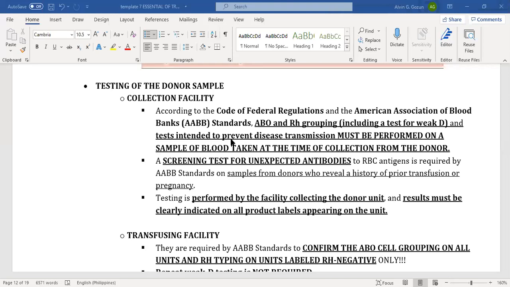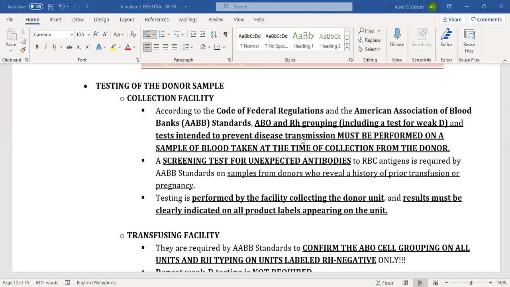Okay, tatlo yung kailangang itest. Number 1, ABO blood typing. Number 2, RH blood typing, including weekly. And number 3, ano yan? Test intended to prevent disease transmission. Anong tawag doon? These are serologic tests for blood-borne infectious diseases. And what are these? Number 1, hepatitis B virus, HBV.